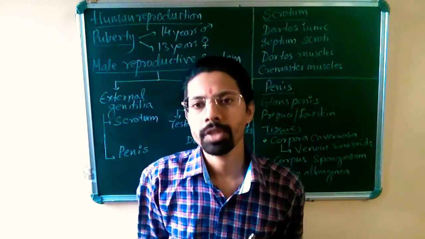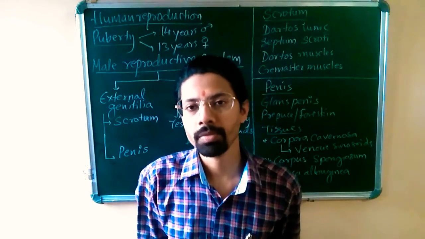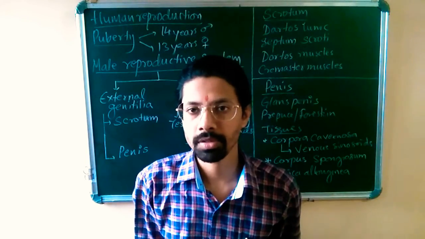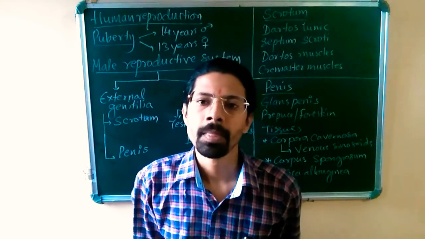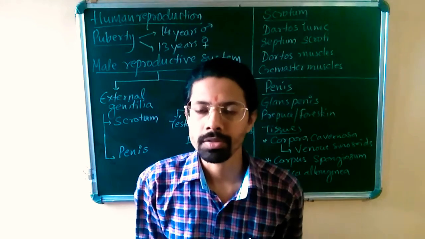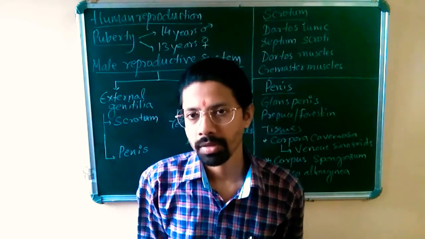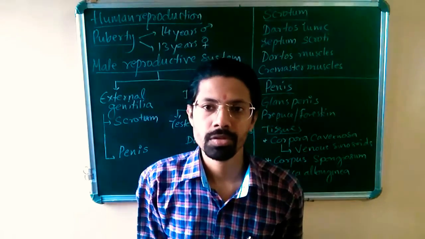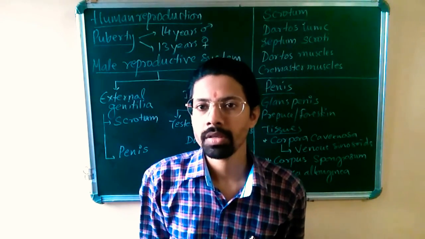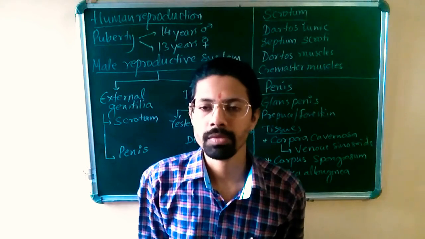So this particular video session is regarding human reproduction. It's a very important chapter in your 12th standard. So what is reproduction? Reproduction is a natural process of continuation of generation by the methods called asexual, sexual or vegetative methods.